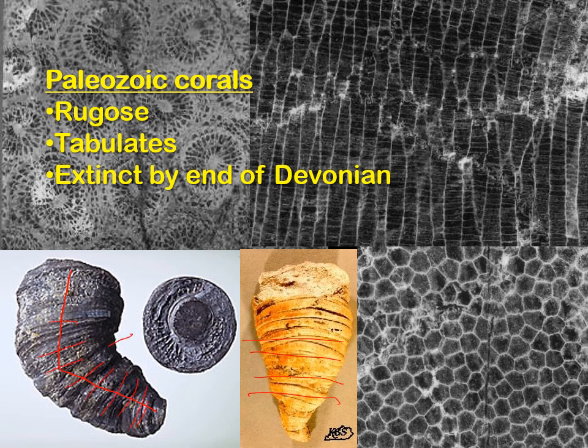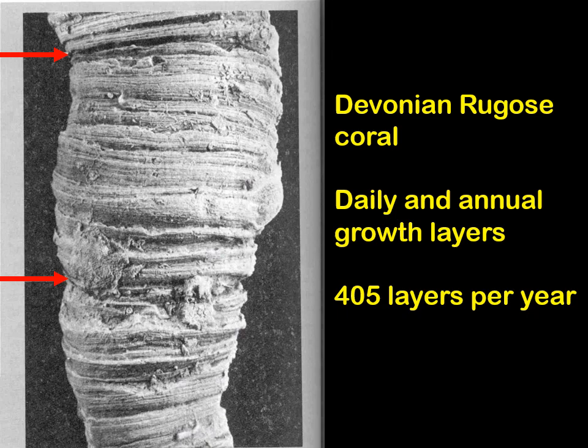So somewhere around here, this coral was knocked over and then continued to grow up after that. So they actually record quite a lot of history. In fact, corals in the Devonian, some of these solitary rugose corals, had annual growth bands and daily growth rings. So they were growing a new little layer of calcium carbonate every day, and then depending on the seasons, you can see an annual band.